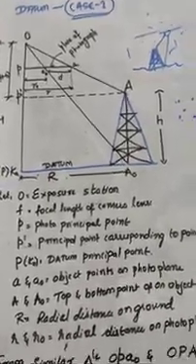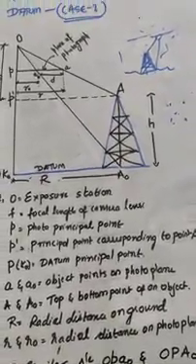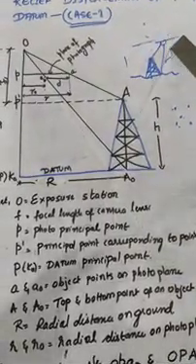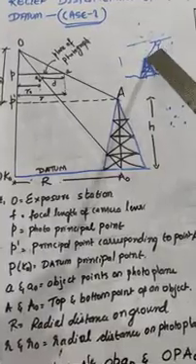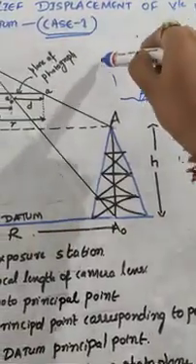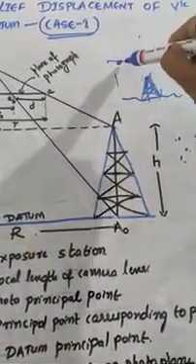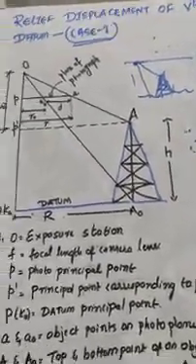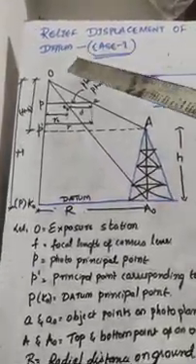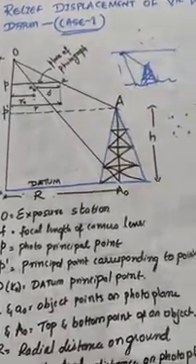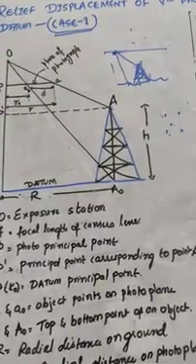I will relate this diagram with this sketch. This is the base of the object and this is the exposure station. From this point, the photograph is being captured.